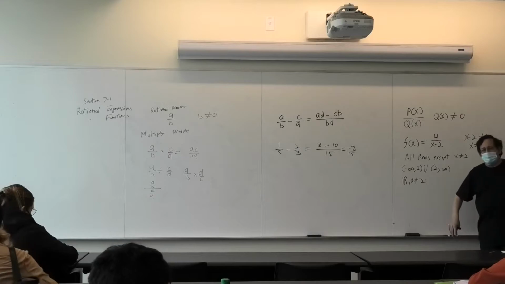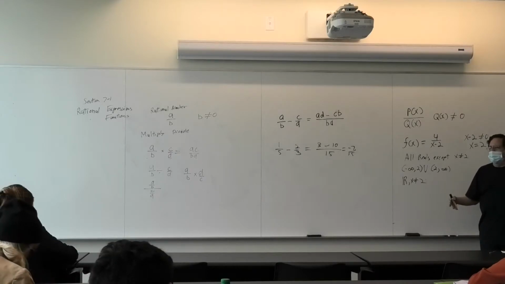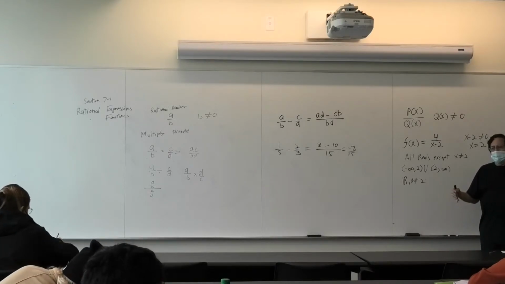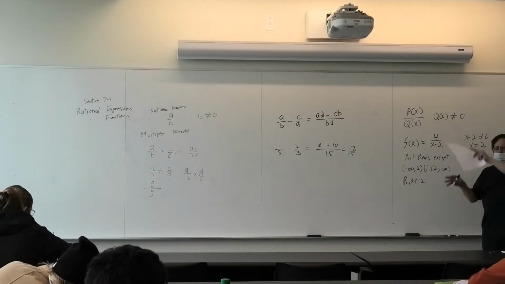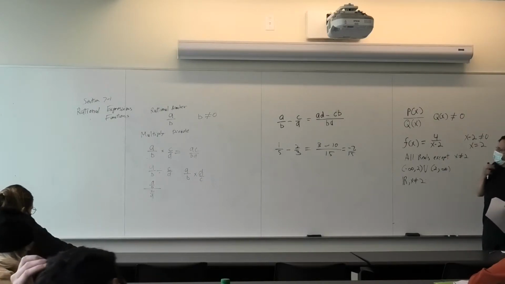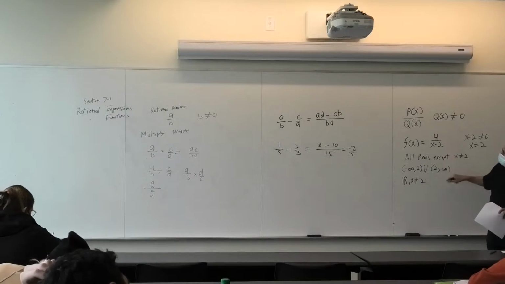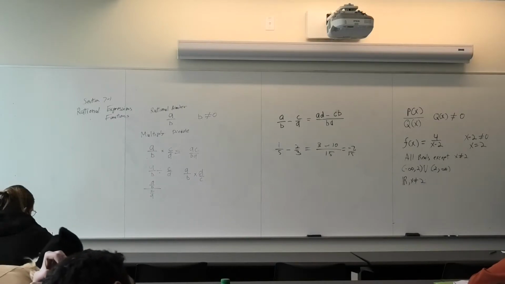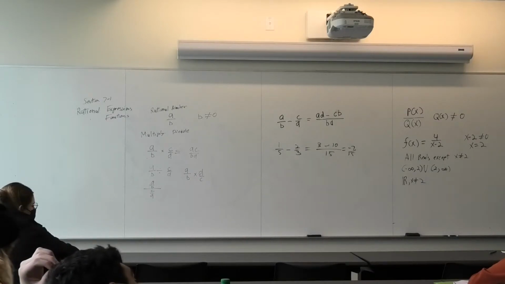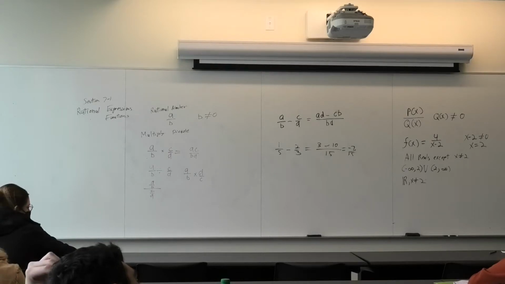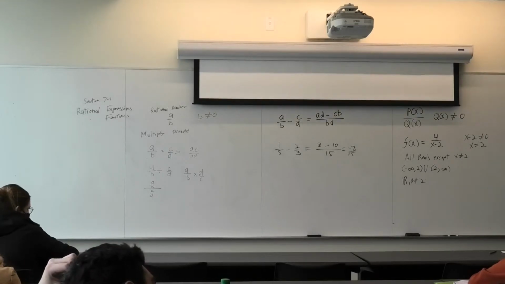The range is a little harder to determine. The range is what possible values it could have. Now, I'm going to show you what the graph of this looks like.